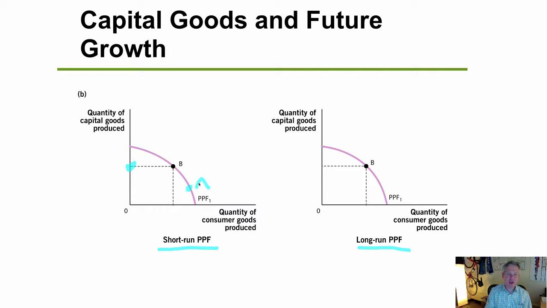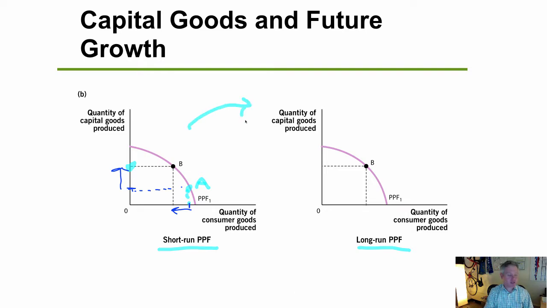This was our A. So we've dialed back the consumer goods that we've produced, and before at point A, we were only putting that much into producing capital goods. So we've dialed up the quantity of capital goods and dialed down the quantity of consumer goods for today.